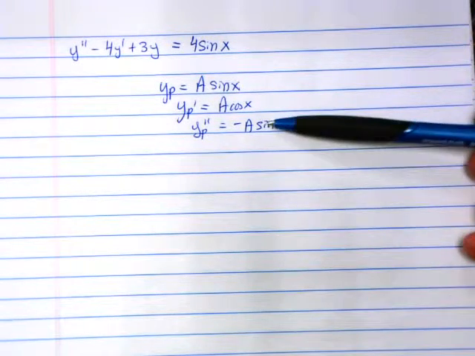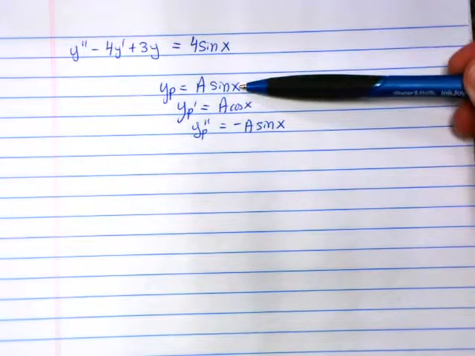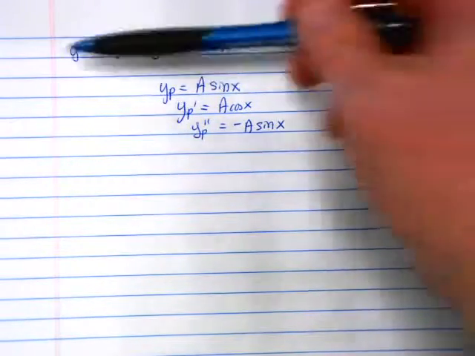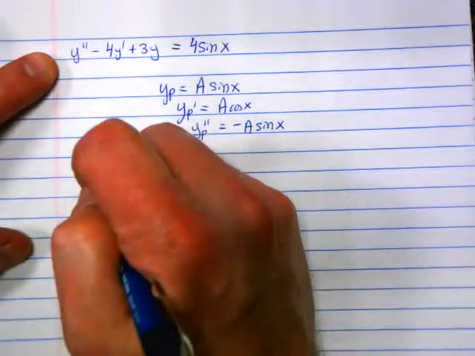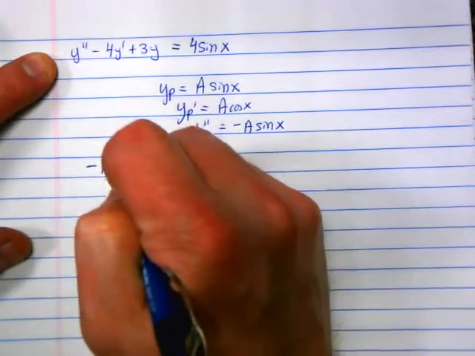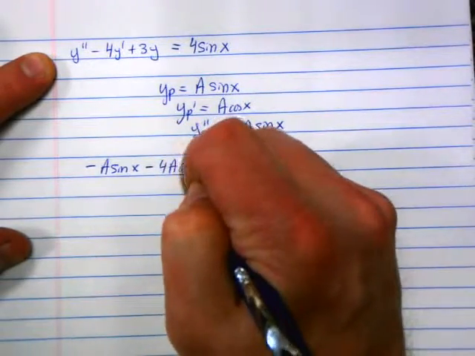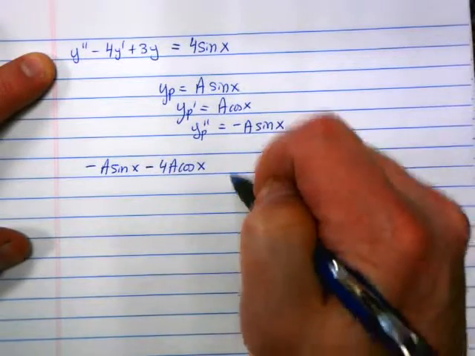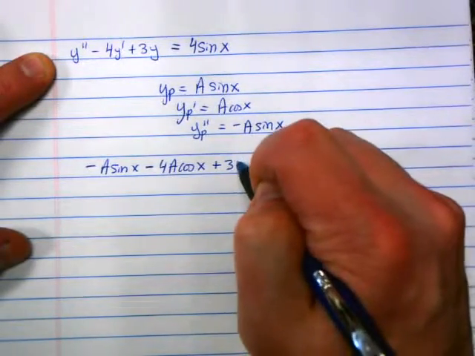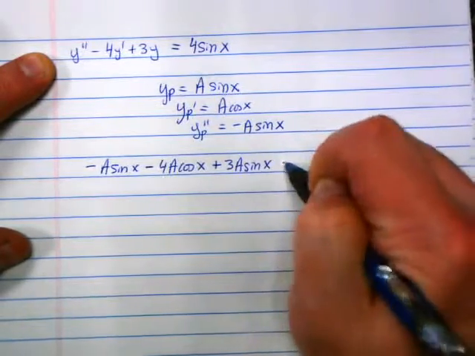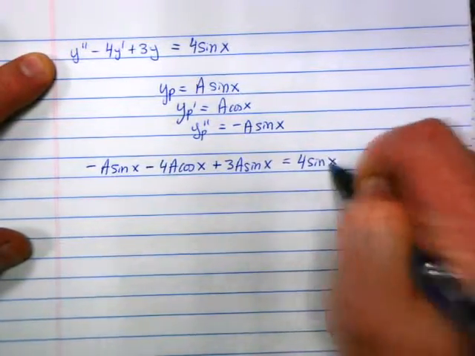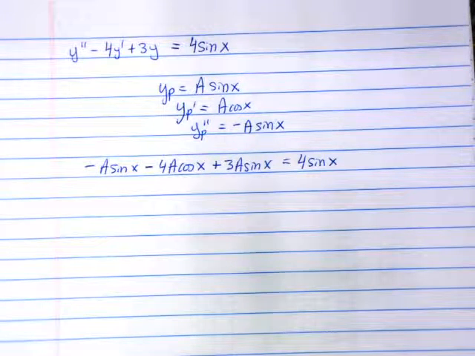Again, I'm going to take all these 3 things, plug in for the second derivative, plug in for the first derivative, plug in for the original function. I have negative a sine x minus 4a cosine x plus 3a sine x equals 4 sine x. What am I equating this time?